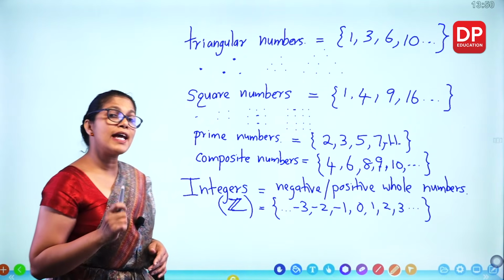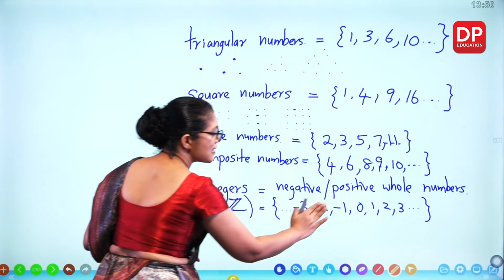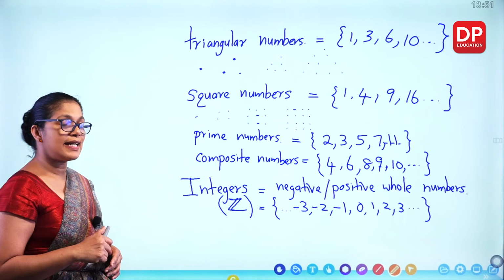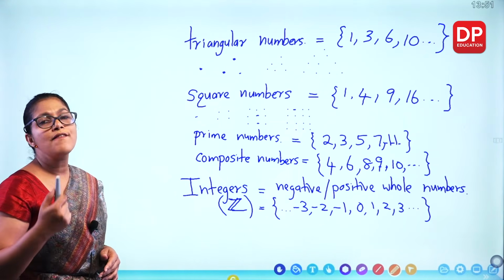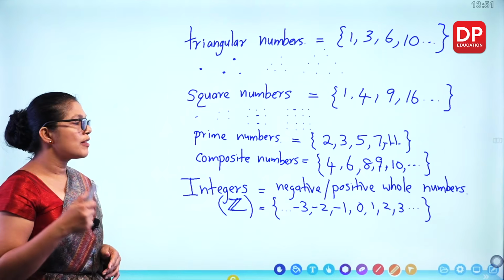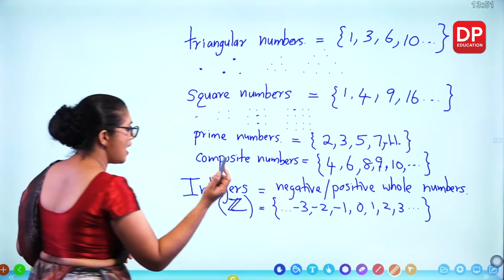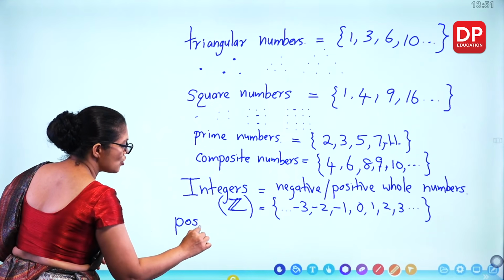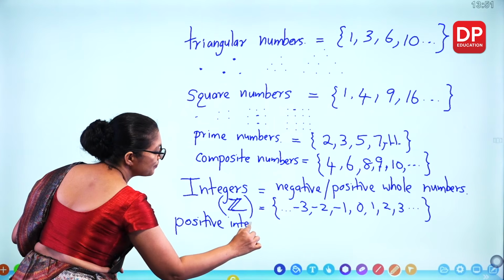Now when you take integers, you can divide them into 2 parts: negative values separately and positive values separately. What do you call the negative values? Negative integers. What do you call the positive ones? Positive integers. So here I can use 2 sets again from integers.